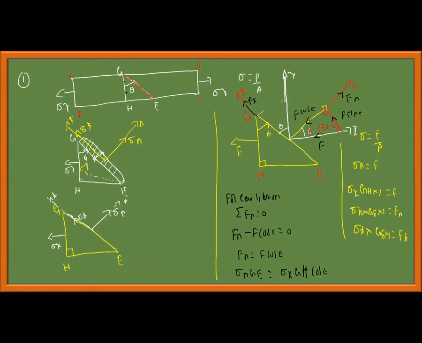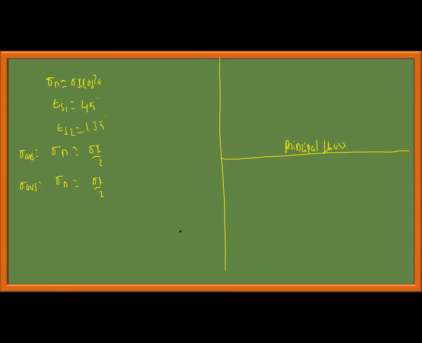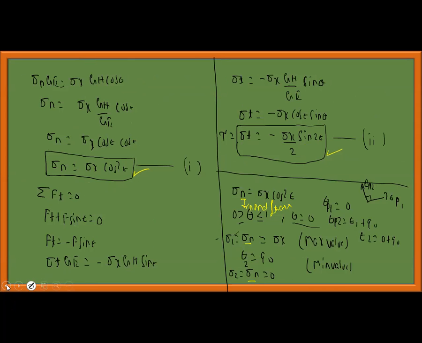Anticlockwise angle is positive; I will discuss this later. But at an angle theta, what are the principal stresses? What are the maximum stresses? I want to know. First, I will indicate the xy plane like this, x, y. At what angle is my principal stress? My anticlockwise measurement is positive.